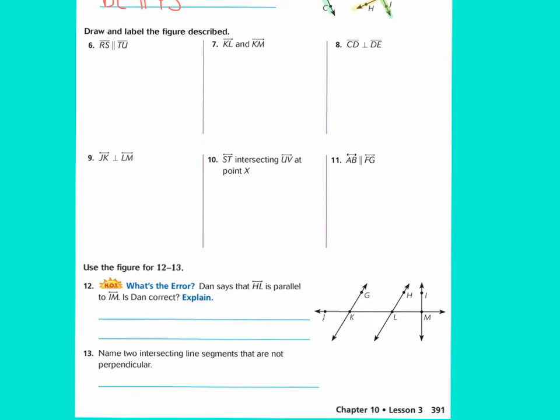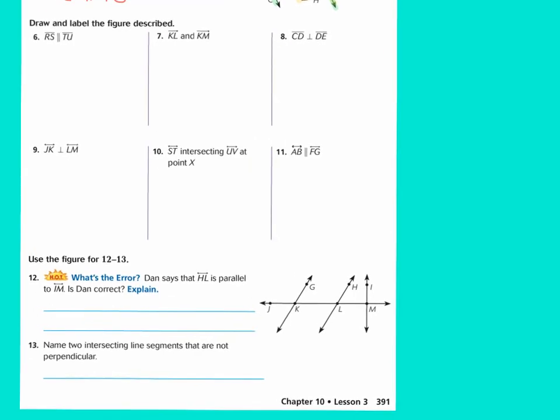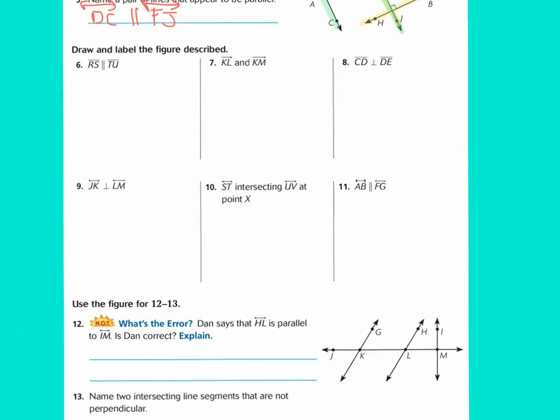Okay guys, you should have paused and answered 6 through 13, so I'm just going to quickly breeze through here. It says draw and label a figure described. So we have line segment RS is going to be parallel to line segment TU, so this would be RS and TU.